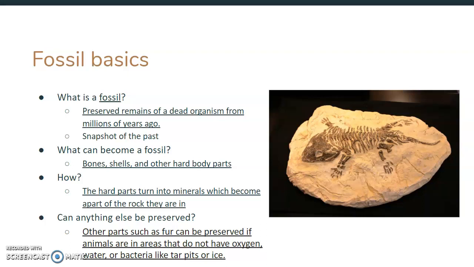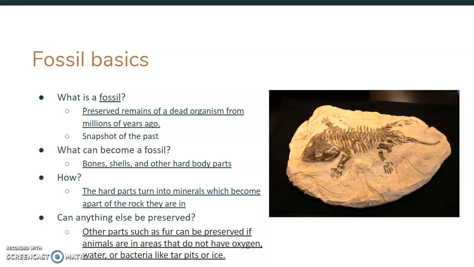Our decomposers, as they're called, are little bugs and bacteria that eat everything that is rotting away, and they live in places that have oxygen and water. So if we remove the oxygen and water and remove the bacteria, then we can have things like fur or other soft tissue, like muscles even, be preserved.